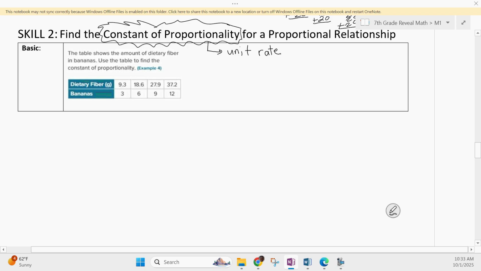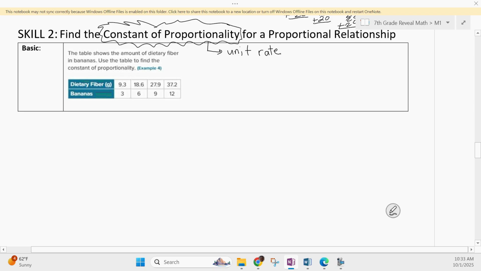Okay? There's some clues. Sometimes they'll just name the rate out, and they'll say like miles per hour. So you know you're going to do miles divided by hours. In this case, you can kind of use reasoning. What just makes sense? If you're trying to watch your diet or whatever, would you rather know how much fiber is in one banana or how many bananas there are in 1 gram of fiber?